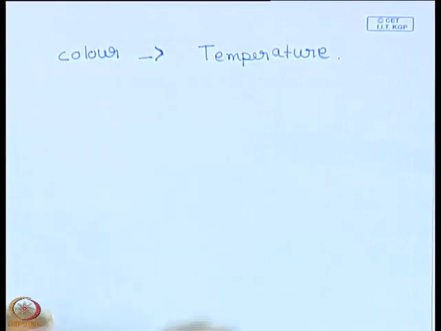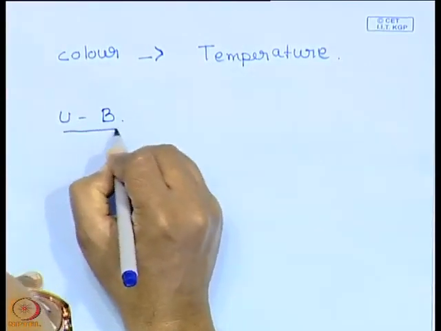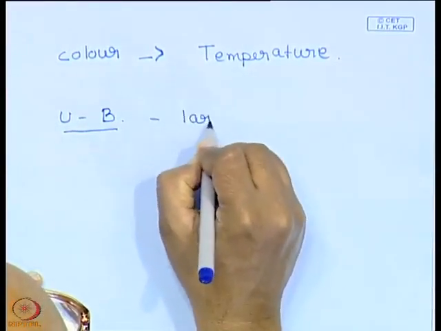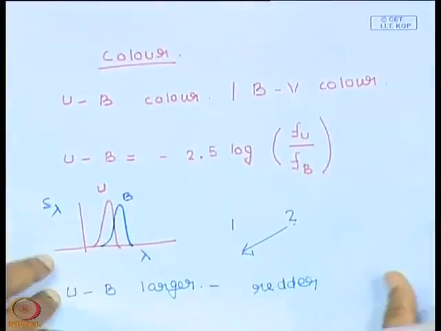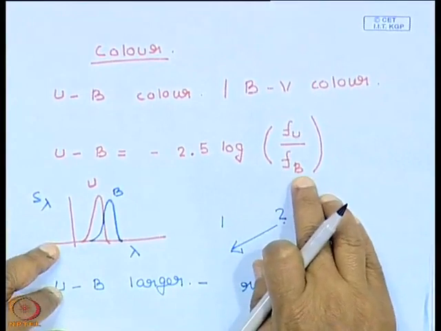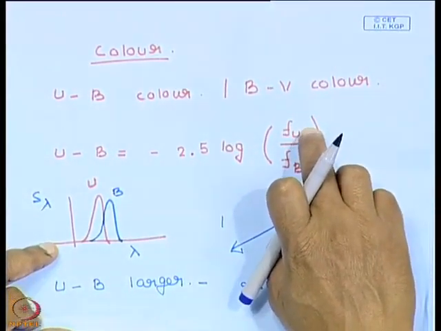Let us look at the U minus B color. If it is larger, it tells us that the flux in the blue band is more than the flux in the ultraviolet.